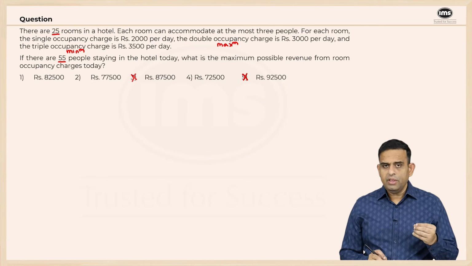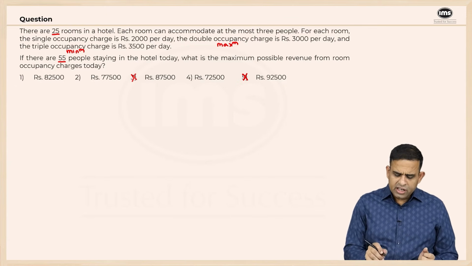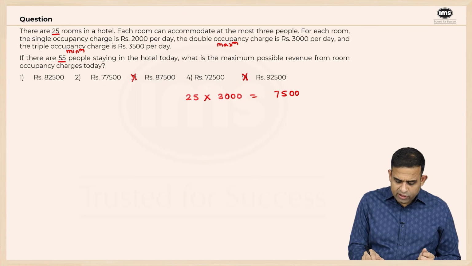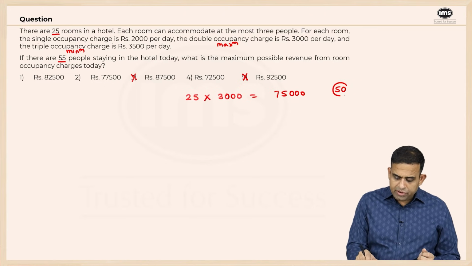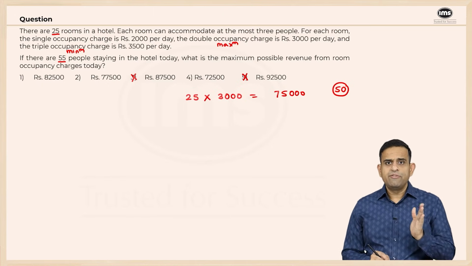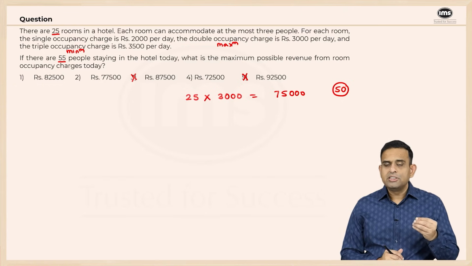Now, if I look at a simple method without elaborating here, I can say, if all 25 rooms are double occupancy, in that case revenue comes out to be 75,000. But the number of people in that case becomes nothing but 50, as 25 rooms with 2 people each, 25 into 2, equals 50. I need 5 more persons.